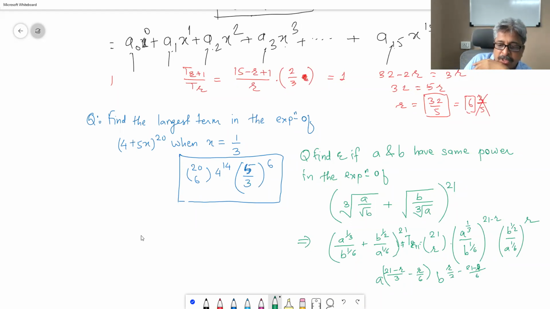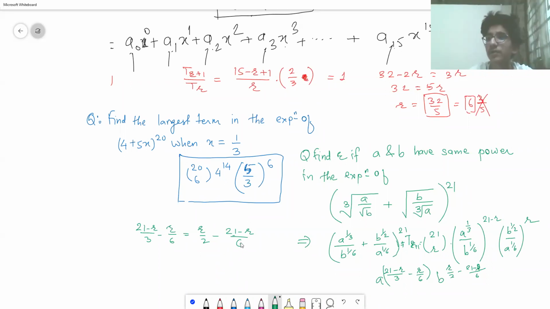Okay, so the equation that we get is (21 minus r) by 3 minus r by 6 is equal to r by 2 minus (21 minus r) upon 6. Why is there a minus sign, not a plus sign?